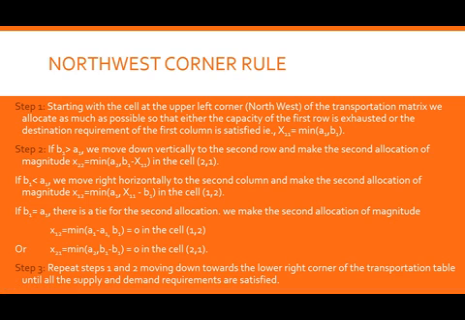If both capacity and demand were equal, there is a tie for the second allocation. We make the second allocation in either x12 or x21.